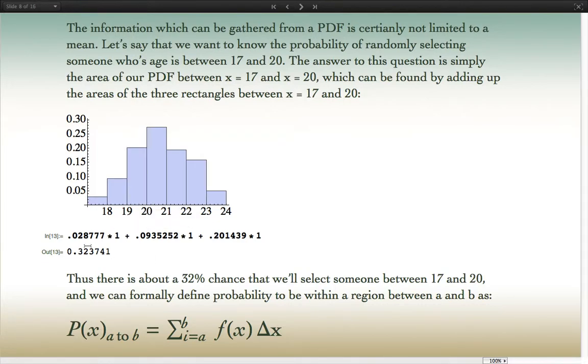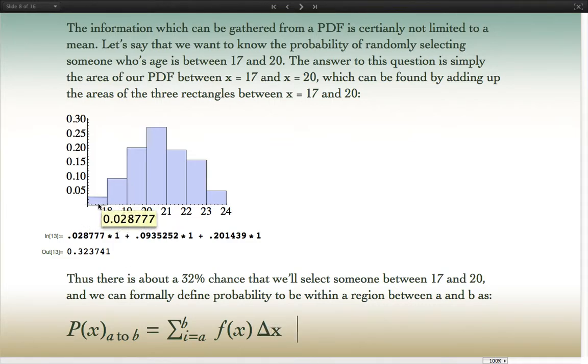And if we look at our value here, we see that there's about a 32% chance that if we pick a random person in the room, their age is going to be greater than or equal to 17 and less than 20. So if we write this formally, we get this definition at the bottom here. The probability that x is between a and b is going to be the sum from a to b of the function, so the height of each value times its bin width.